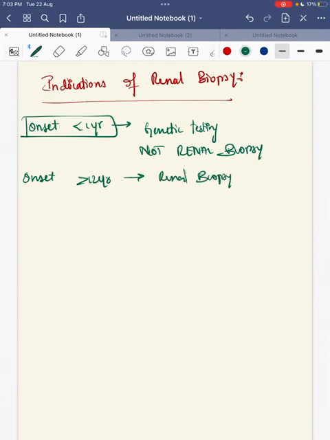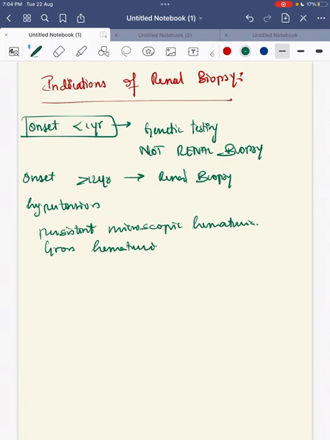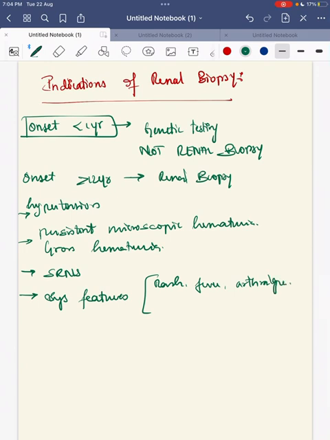Next, when the onset is more than 12 years, it is renal biopsy. Next, when the child presents with hypertension, persistent microscopic hematuria or gross hematuria, or when the child has steroid resistant nephrotic syndrome, or the child presents with systemic features such as rash, fever, arthralgia, low complement factors, mainly low C3.